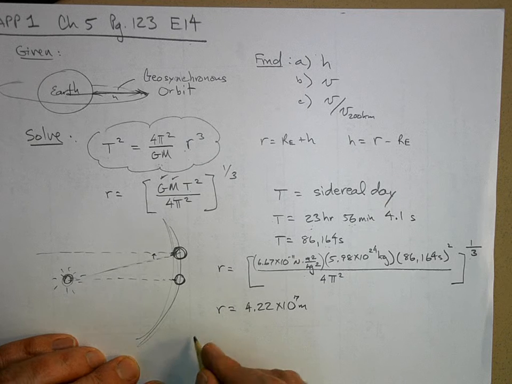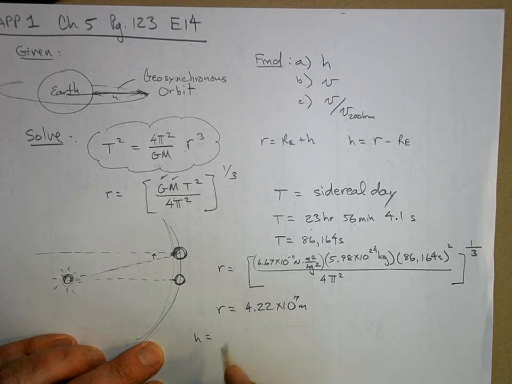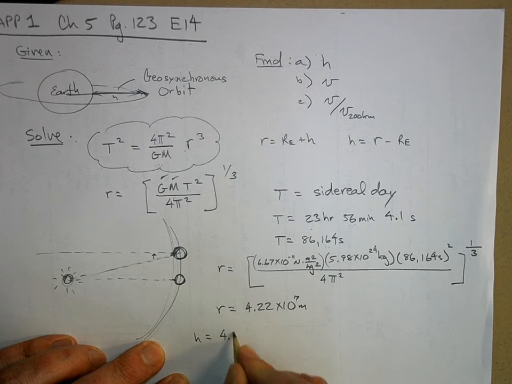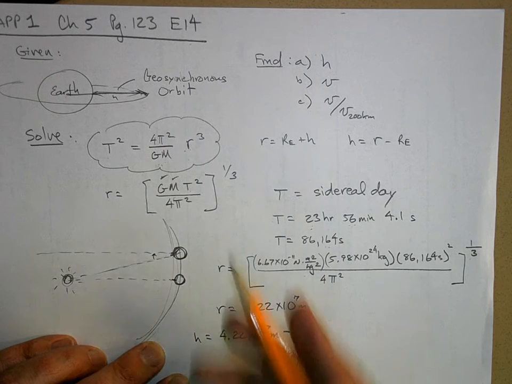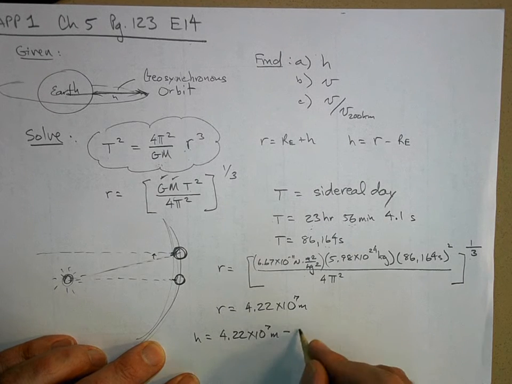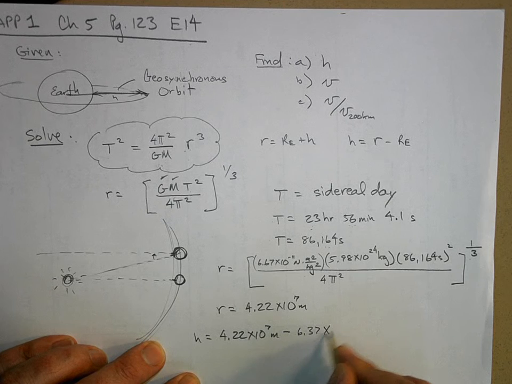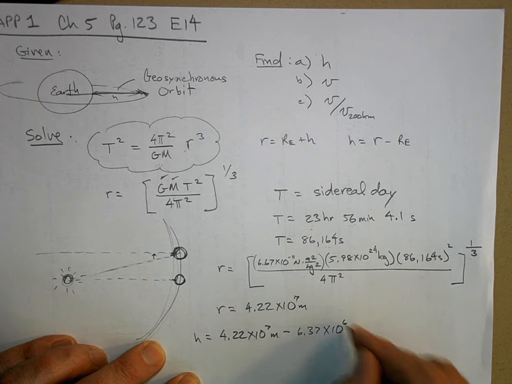So now I can figure out what the height is. I just need to take the 4.22 times 10 to the 7 meters and subtract from that the radius of the Earth, which is 6.37 times 10 to the 6 meters.